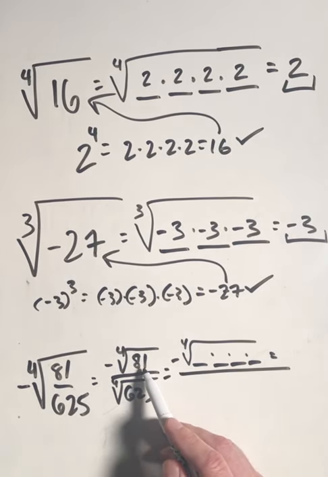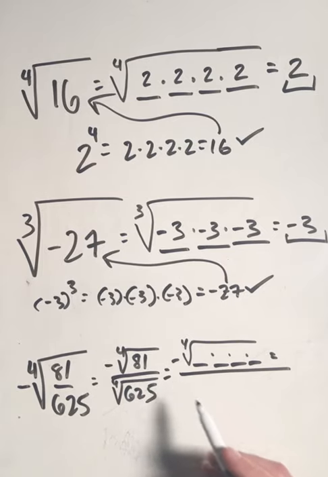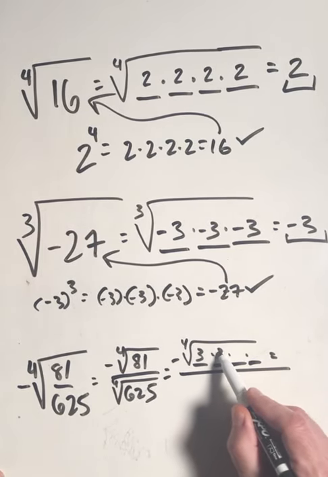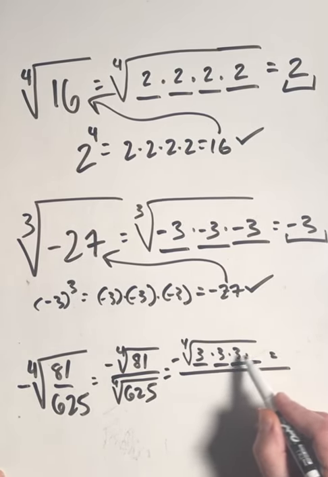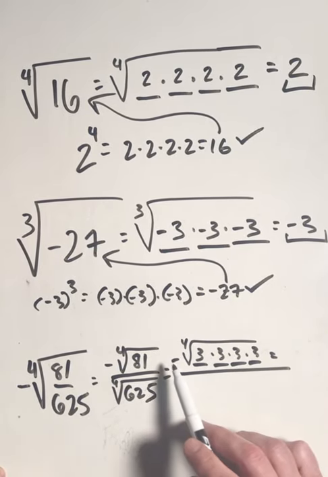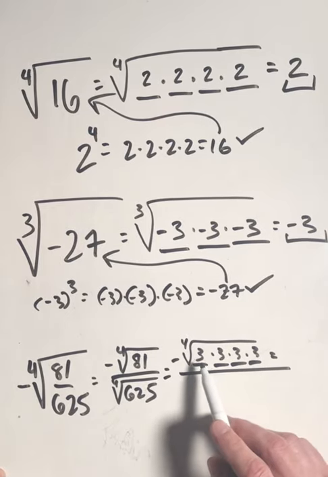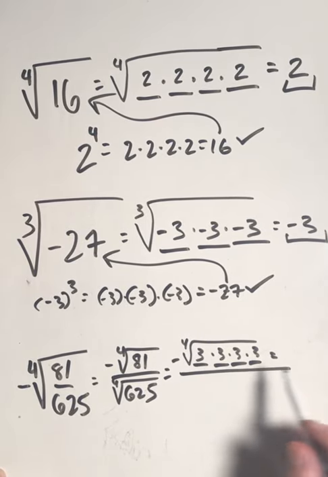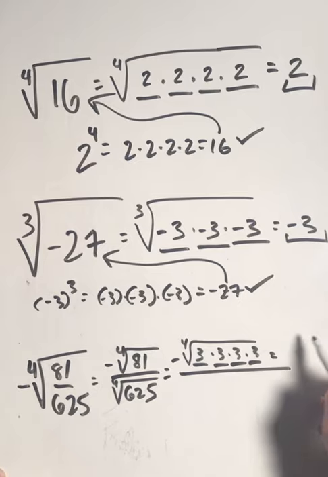I know that 81 is 9 times 9, and I know that 9 is 3 times 3, so I know that 3 times 3, which is 9, times 3 times 3, which is 9, will equal 9 times 9, or 81. So I know that the fourth root of 81 is 3, so the negative fourth root of 81 would be negative 3.